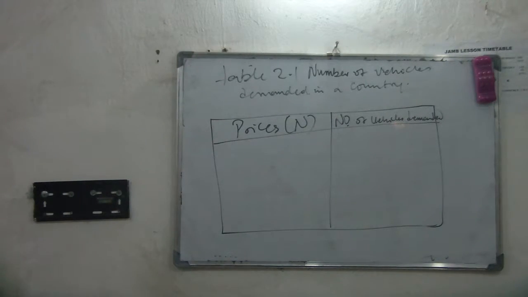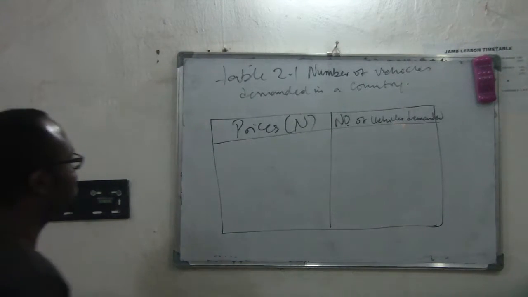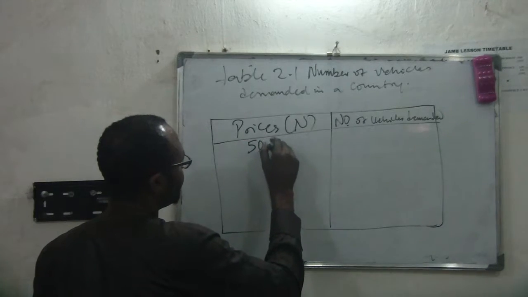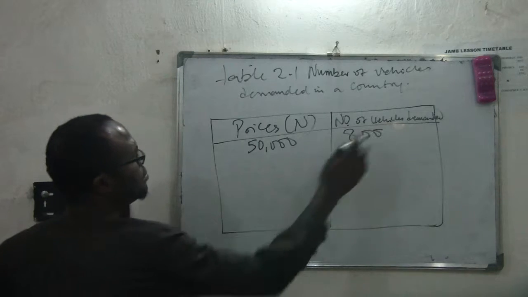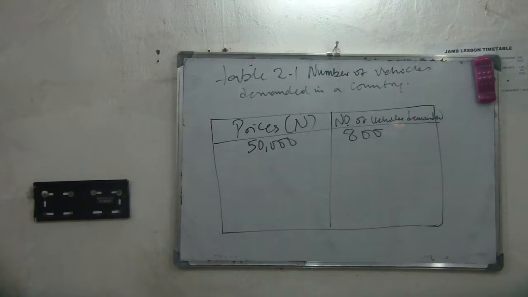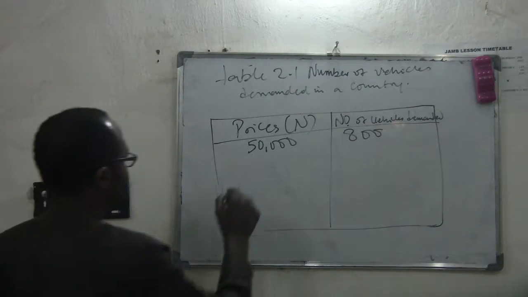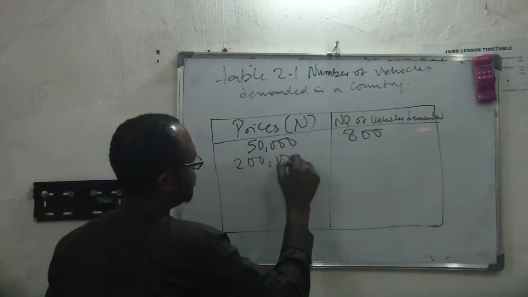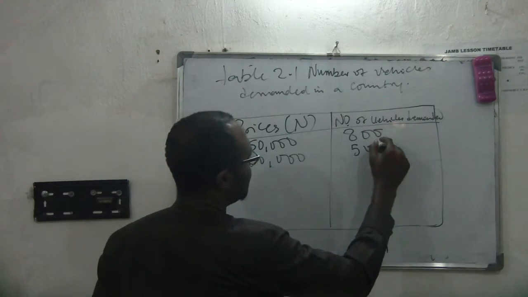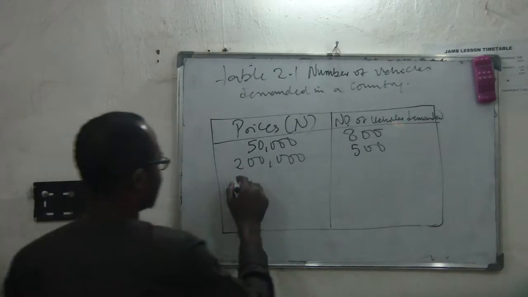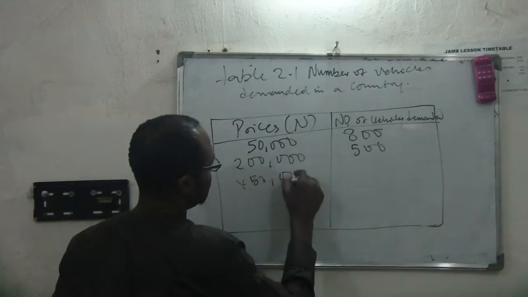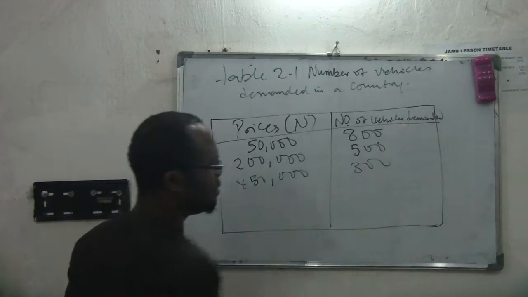So for the vehicle that costs 50,000 Naira, 800 was demanded. For the vehicle that costs 200,000 Naira, 500 was demanded. For the one that costs 450,000, 300 was demanded.